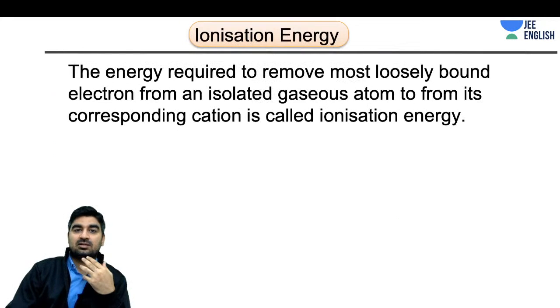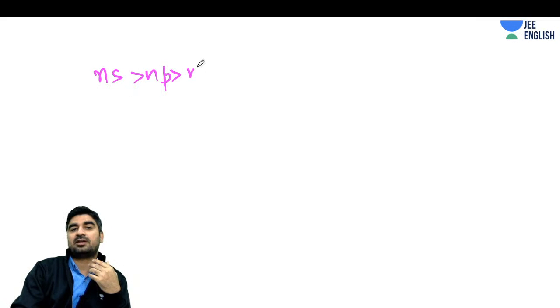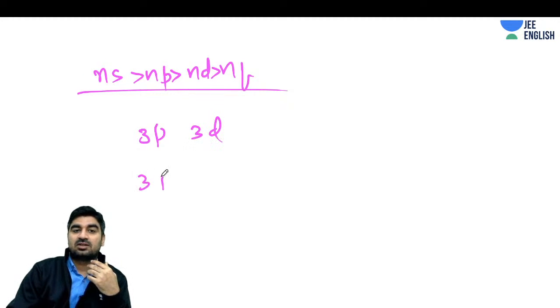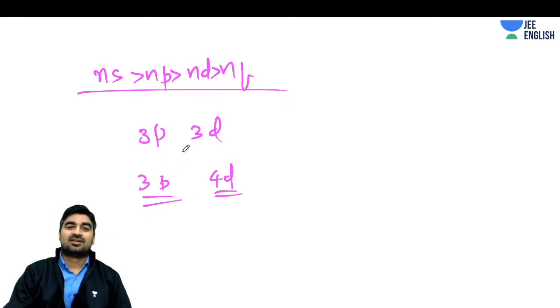So when I'm telling you this, penetration effect is clear. Now you know that nS, nP, nD, nF. So you can compare 3p with 3d, but not 3p with 4d. Got it? That's why I'm writing here n.